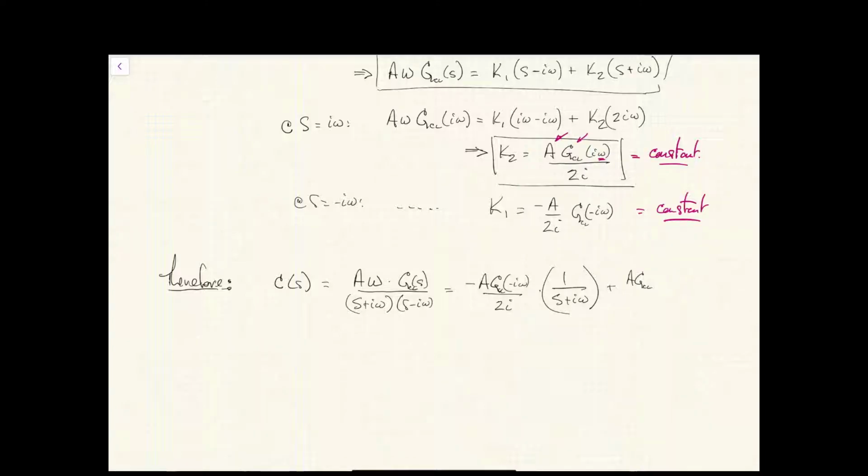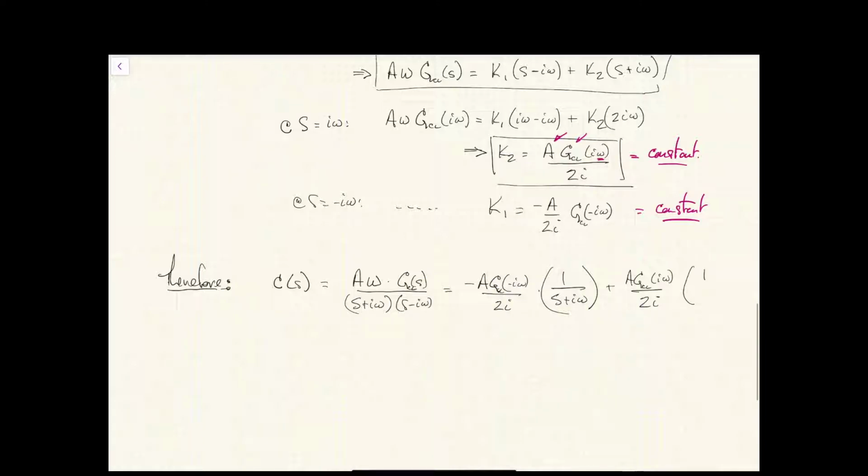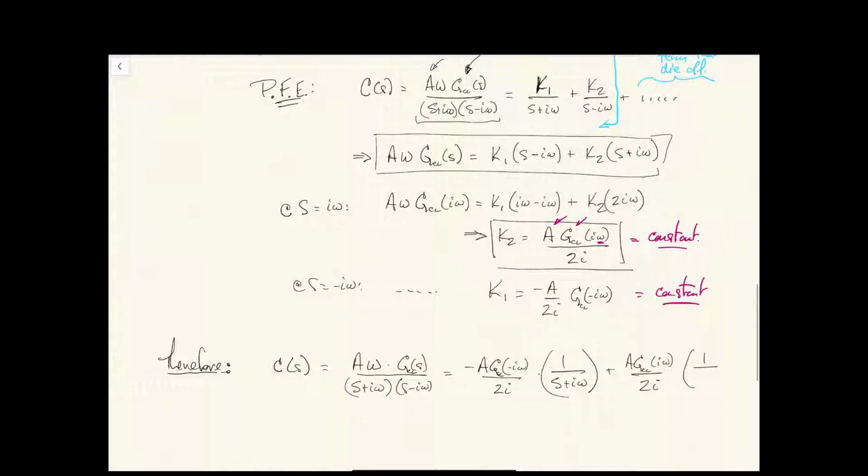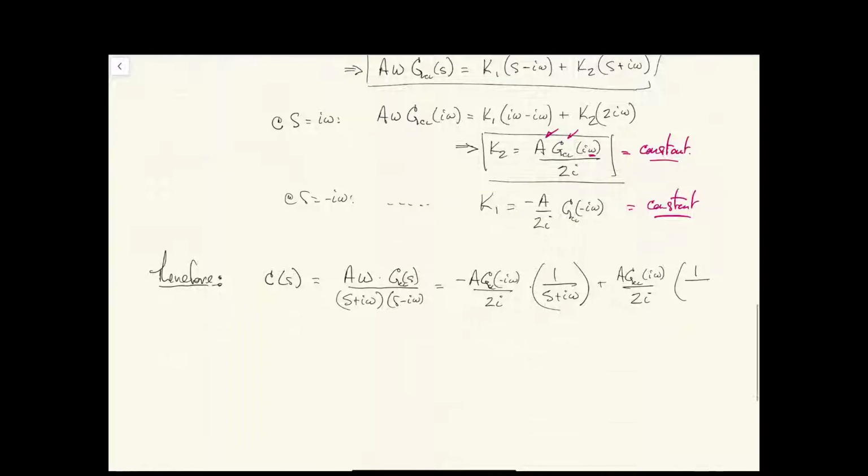K2 is GCL of I omega divided by 2I times 1 over S minus I omega.